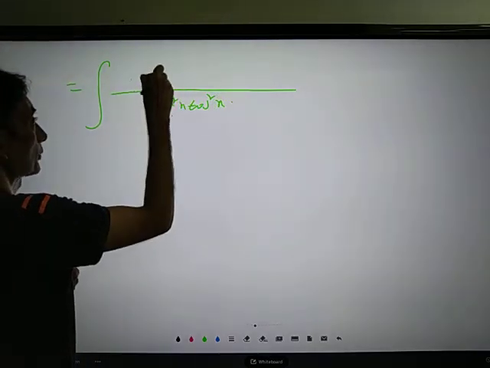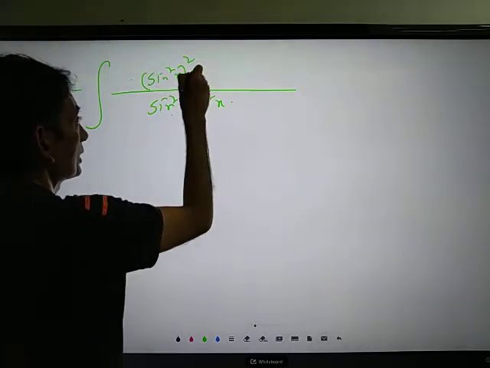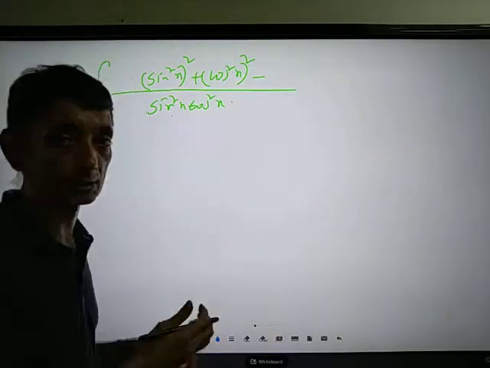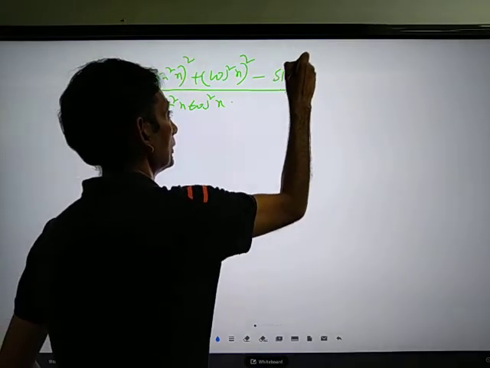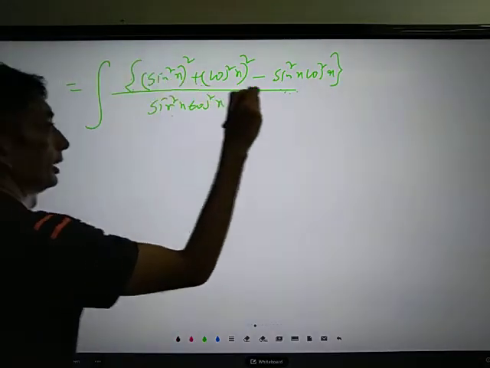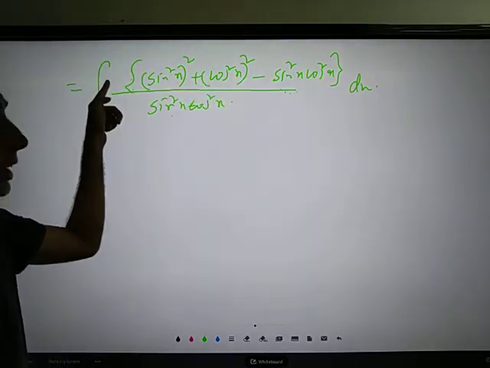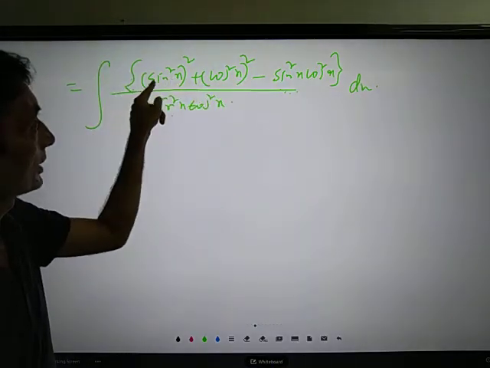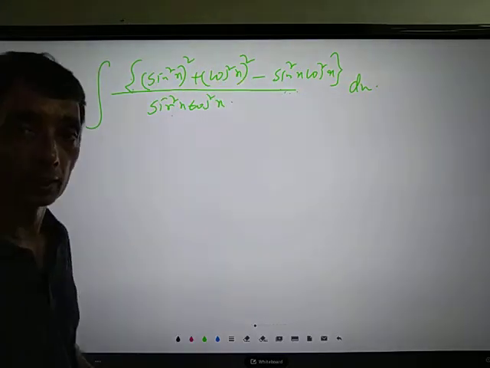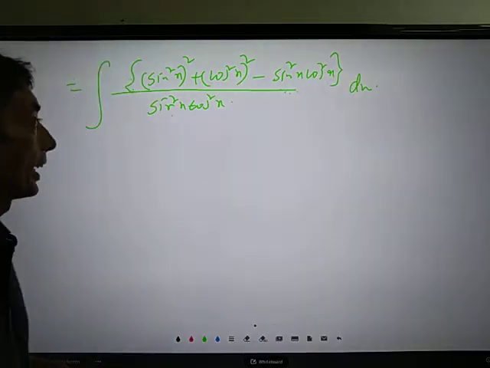In place of sin to the power 4x, we can write sin square x whole square plus cos square x whole square, and here the term is sin square x into cos square x, with a bracket and dx. Let's write the same: the first term is 1, and sin to the power 4x can be written as sin square x whole square, and similarly the second term is cos square x whole square, minus sin square x into cos square x.